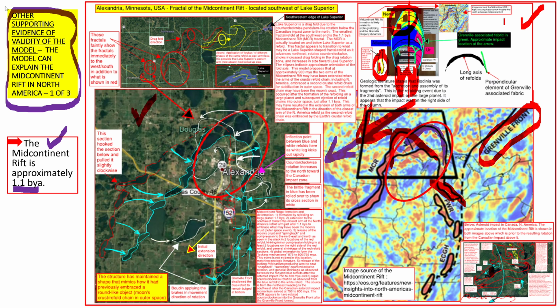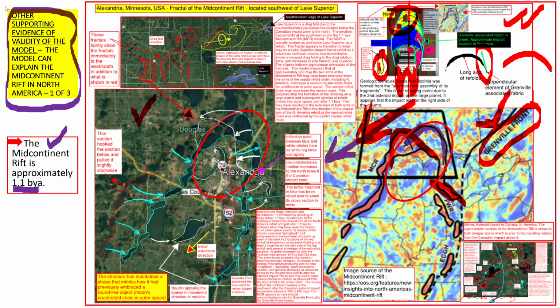So this diagram on the upper right also shows the Grenville associated fabric, and I'm circling the perpendicular element of it, but I should note that the one that is near the MCR over here, this Grenville front, is actually one that is shown in a crescent moon shape that goes in that semicircular shape.